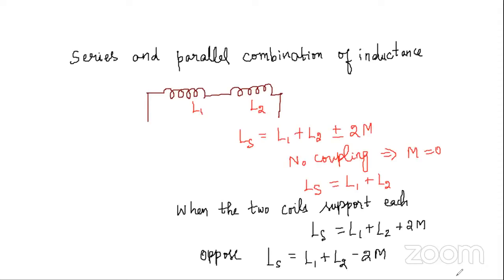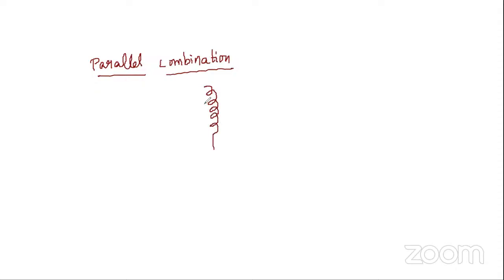And of course, now we will be discussing the parallel combination. So the parallel combination of inductors. So here we may be having the inductor coils connected like this, connected in common.